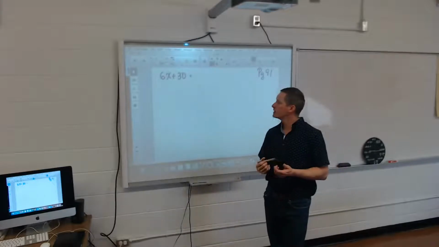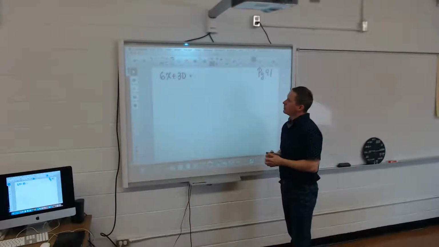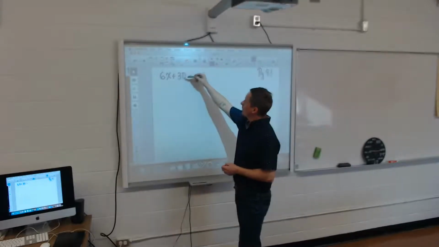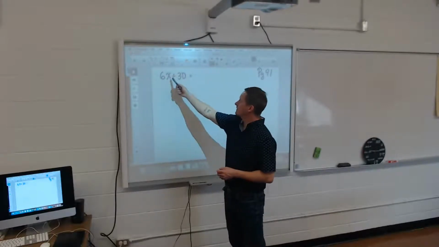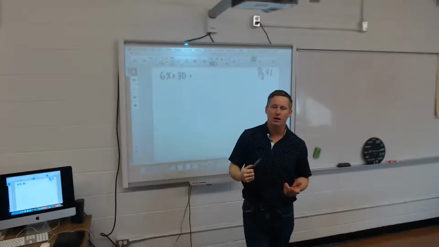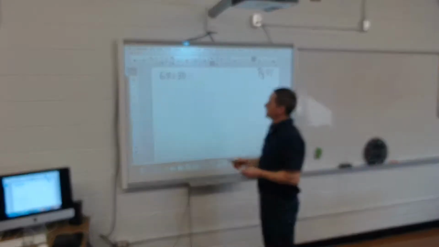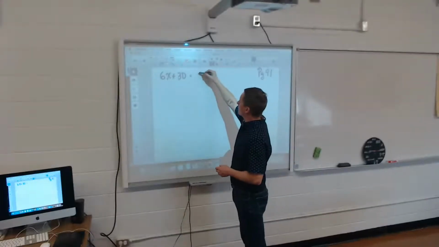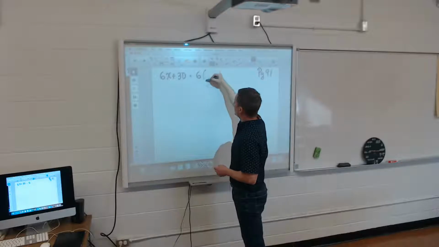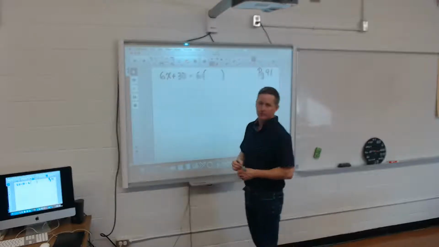So I have 6x plus 30 here. So looking at this, what am I going to factor out? Well, what's the greatest common factor? Since there's only one x, it's not an option. But 6 divides evenly into 30. And so I'm going to factor it out or divide it out. And then I write down, what am I left with?